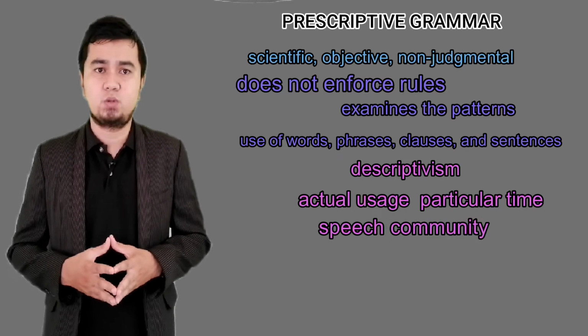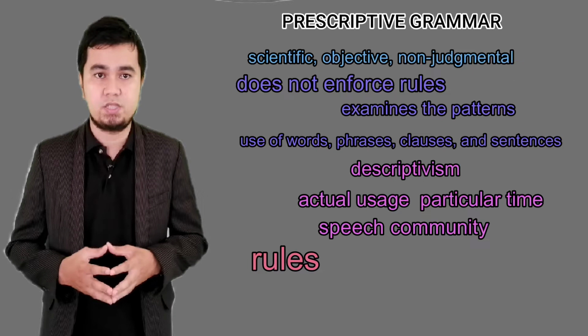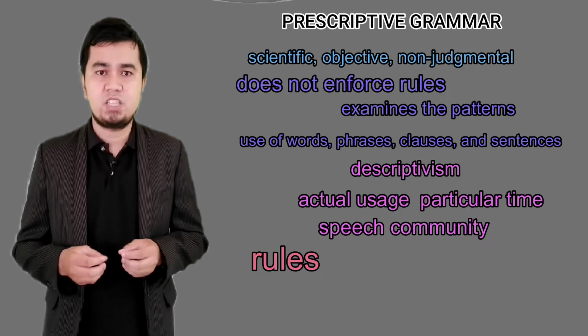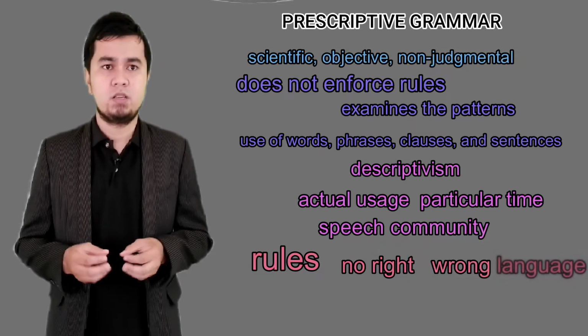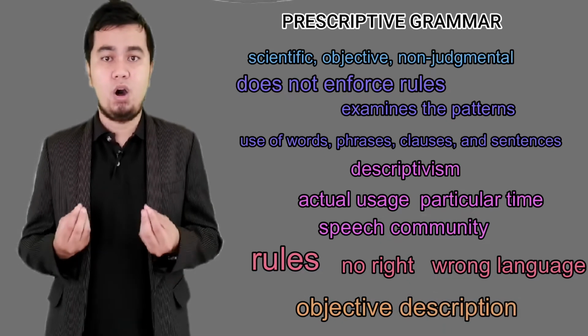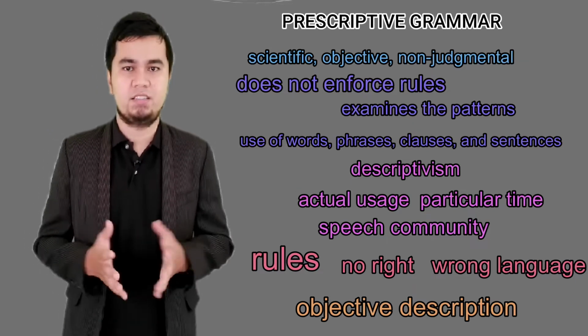It is a set of rules about a language based on how it is actually used. In this grammar, the descriptive, there is no right or wrong language. Instead, there is an objective description of grammatical constructions in the language.